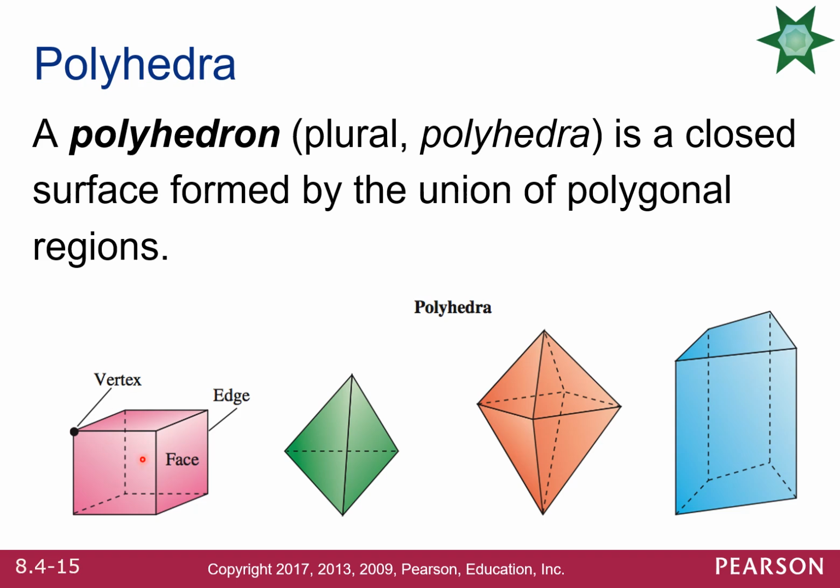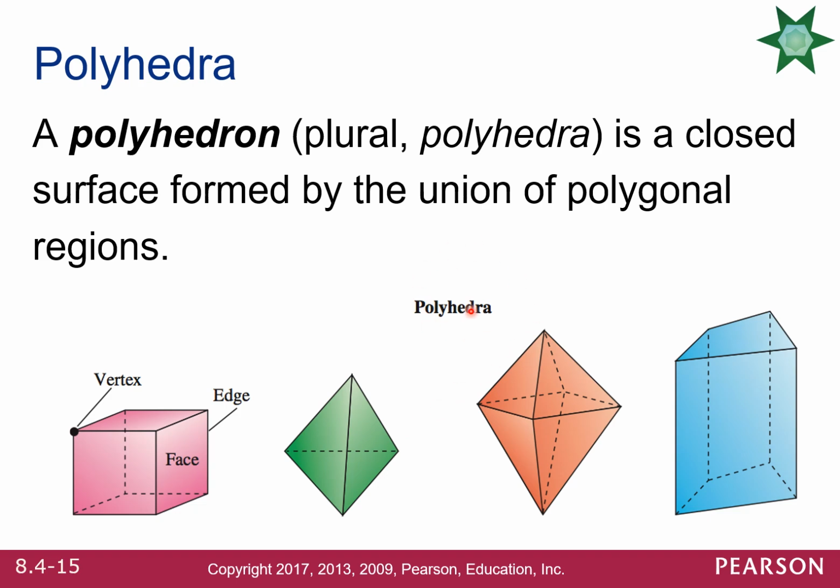Over here we have a cube, a regular three-dimensional figure that we have already seen. It has a vertex, the corner where the three sides meet, and the edge is one side, and then the face is the entire area on one side.